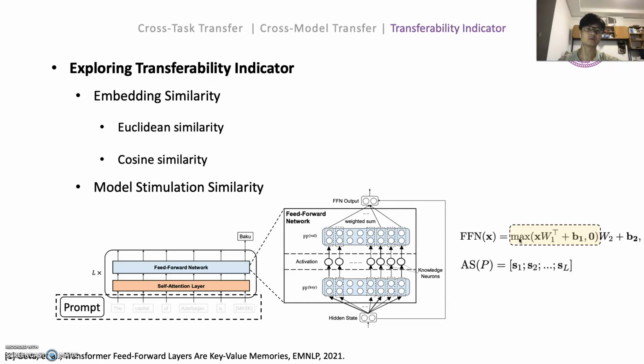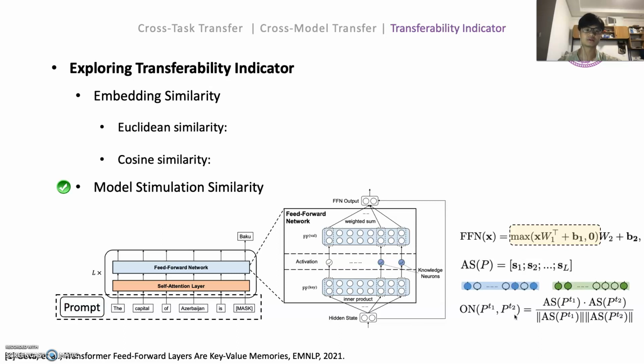We need to feed a task-specific prompt into the pre-trained language model and activate the corresponding neurons, and we denote them as ASP here. For example, we input a task 1 prompt and get the corresponding activated neurons in blue, and then we also input another task 2 prompt and get the corresponding activated neurons in green. Finally, we calculate the cosine similarity between the two groups of activated neurons.